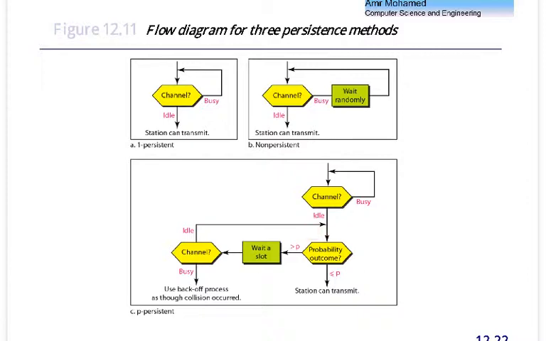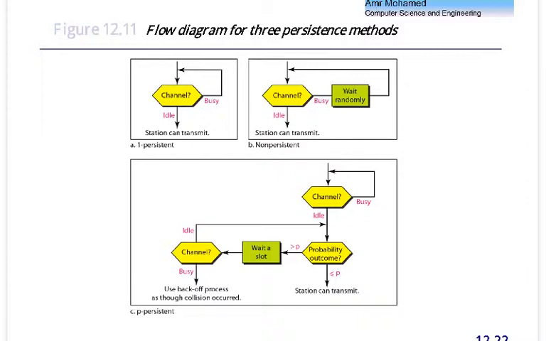And the p-persistence seems to have a combination of the two. The node will sense the channel continuously or using the wait time. If the channel is idle, the node does not try to send right away. The node will generate a random number, compared against P, which is the persistence parameter. If this random number is less than P, then the node is allowed to send.